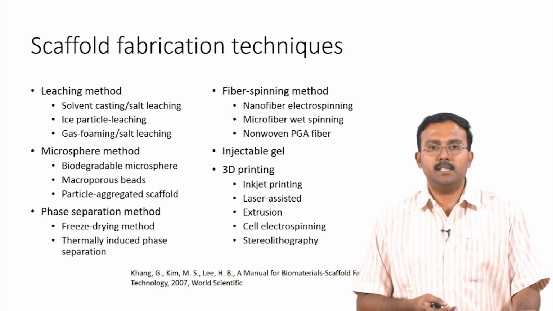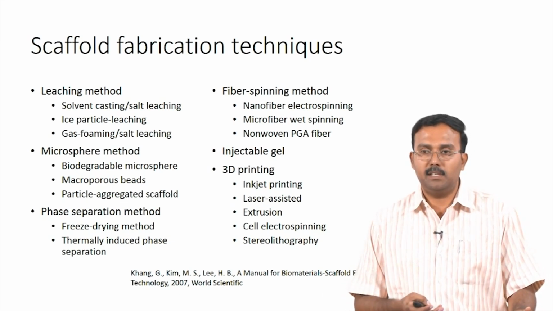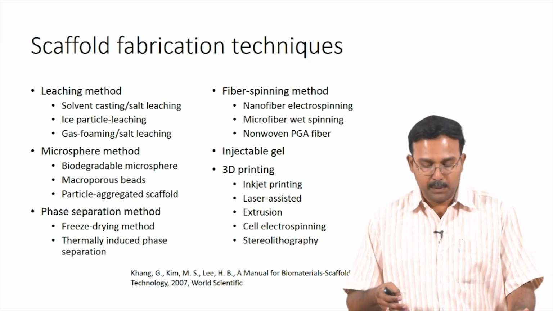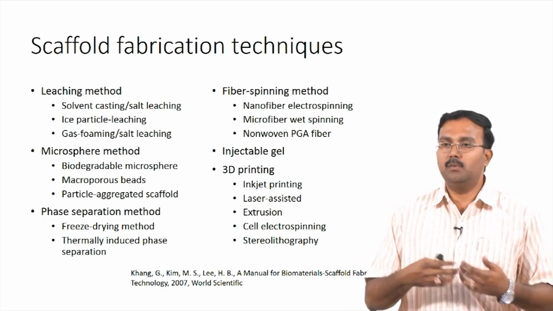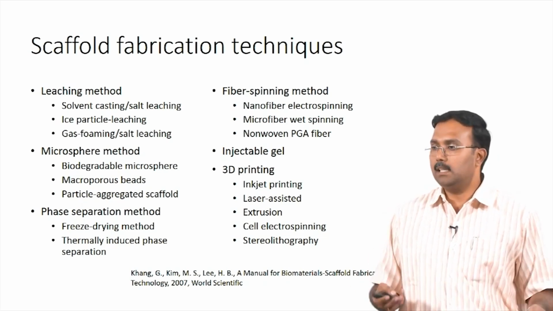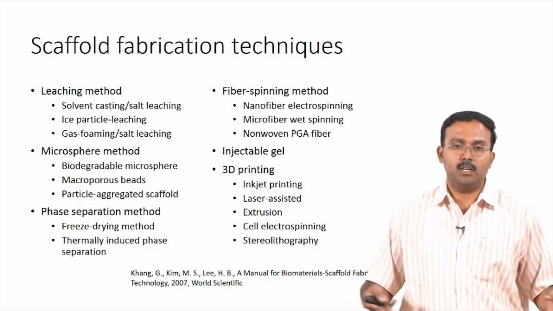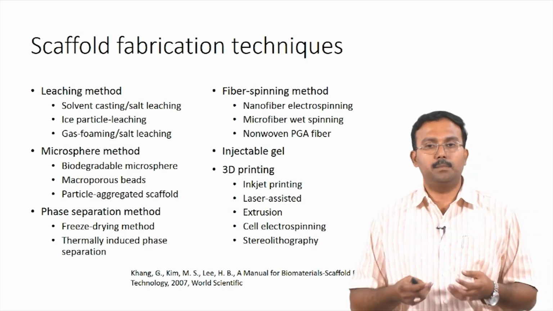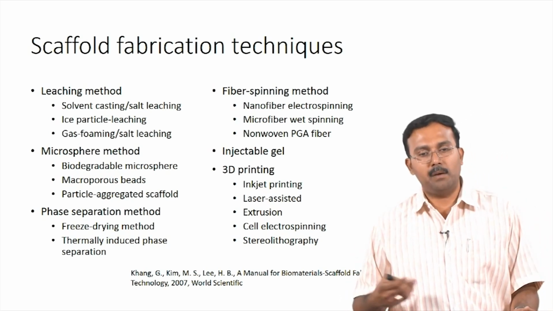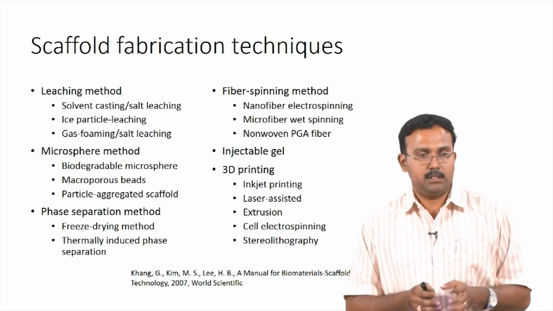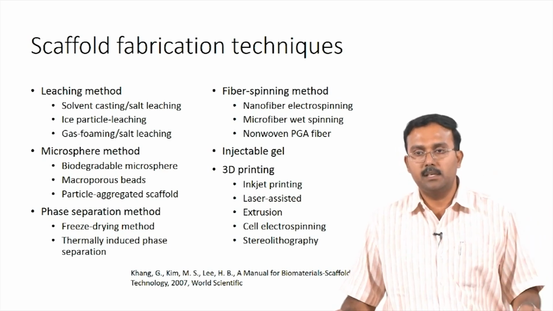Phase separation methods like freeze drying or thermally induced phase separation could also be tried, and fiber spinning methodologies to form nanofibers, microfibers, non-woven fibers and so on. Injectable gels can also be prepared. 3D printing is one of the latest technologies where people are trying to print many of these things. Okay, so these are some of the scaffold fabrication strategies. We will discuss some of them here, and 3D printing I will discuss at greater length in the next lecture.